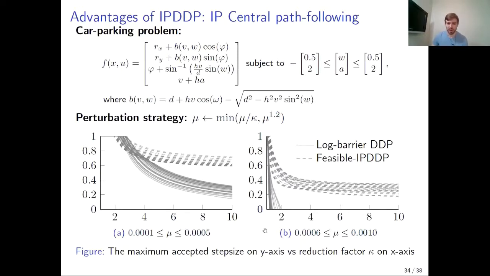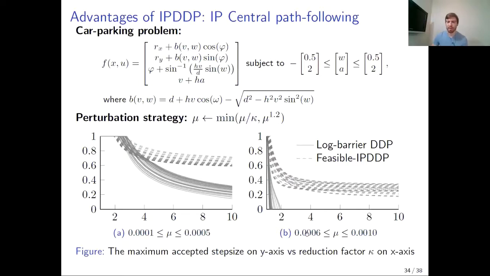So for the two different intervals, we solve the perturbed problem exactly, and then reduce perturbation and try to make a step. As you can see, the log barrier method cannot take the same step sizes as IPDDP can do.